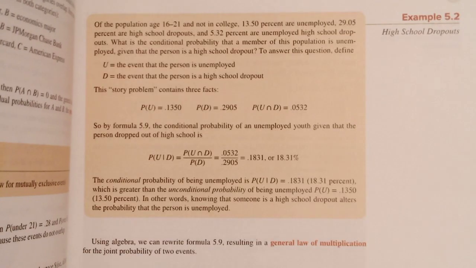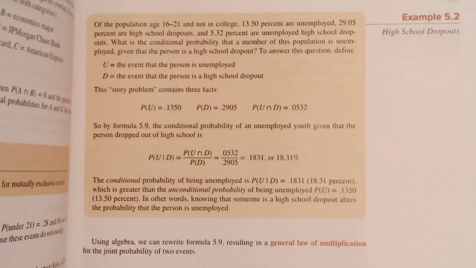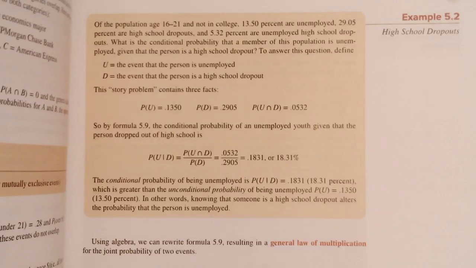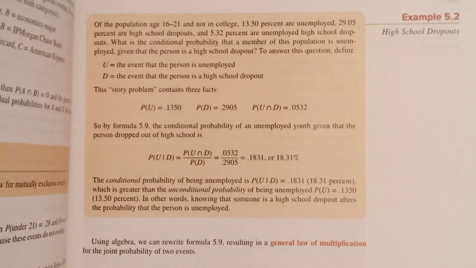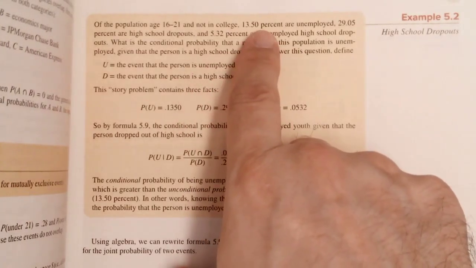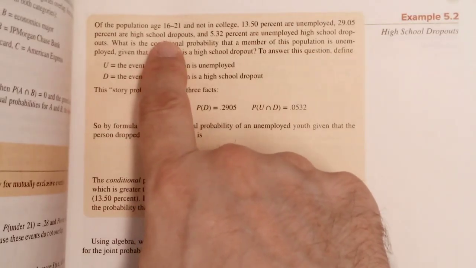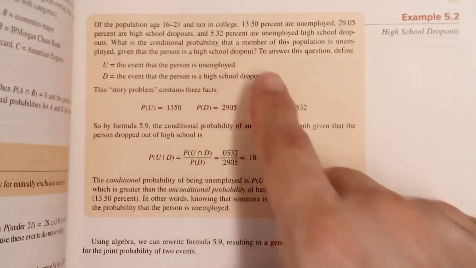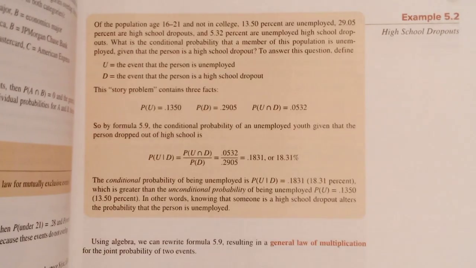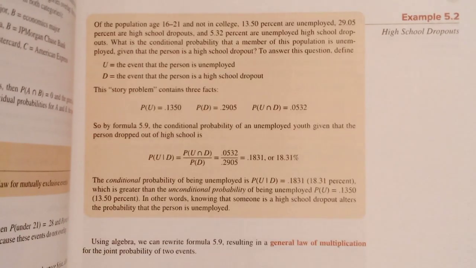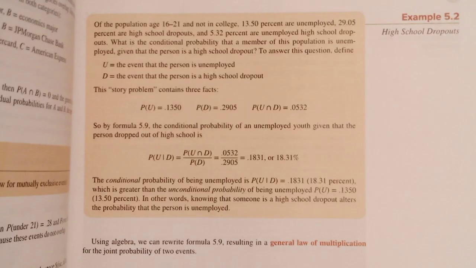How many sets do I have to work with here? I really only have 2. Unemployed and dropouts. Because this group is unemployed and dropouts. That's the intersection of our 2 sets.